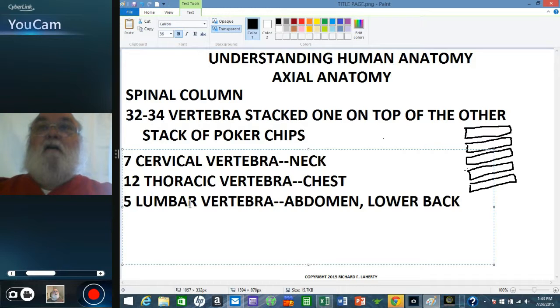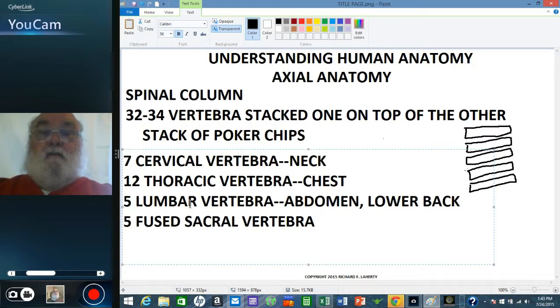Then there are 5 fused sacral vertebrae that form the sacrum.